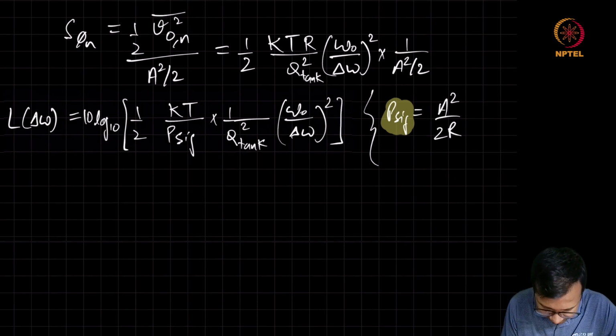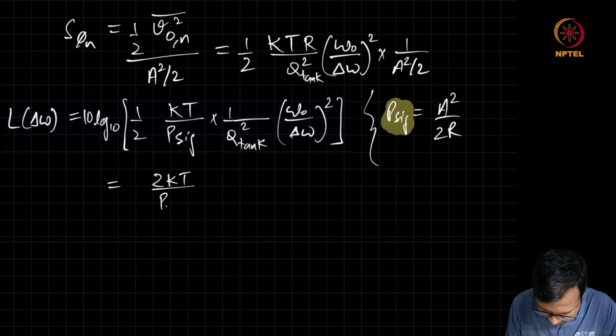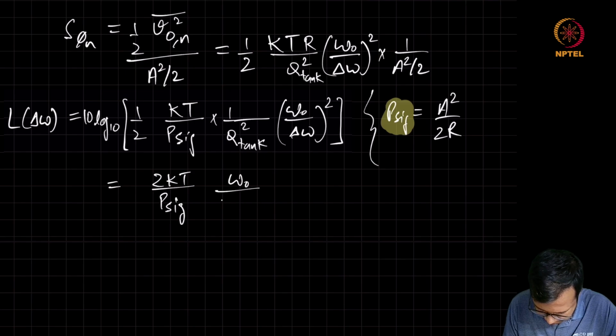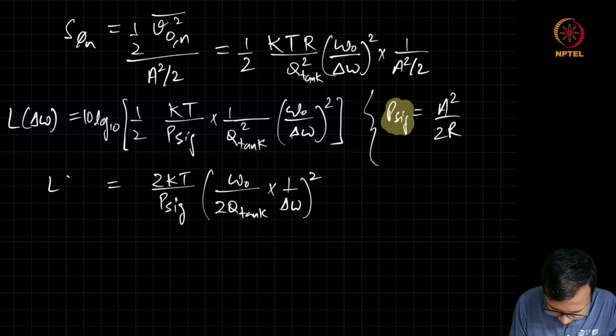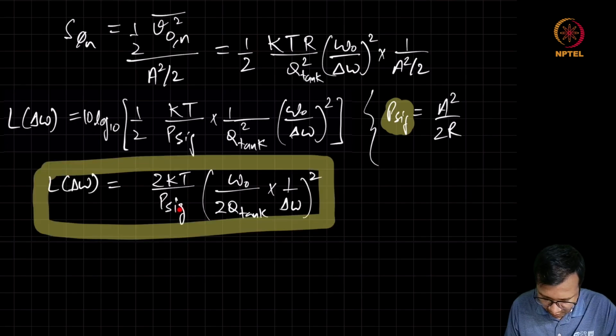So rewriting it as 2kT by signal power, times omega naught divided by 2 Q tank, times 1 by delta omega, whole square. So here we can see that the phase noise is going to be inversely proportional to the signal power.